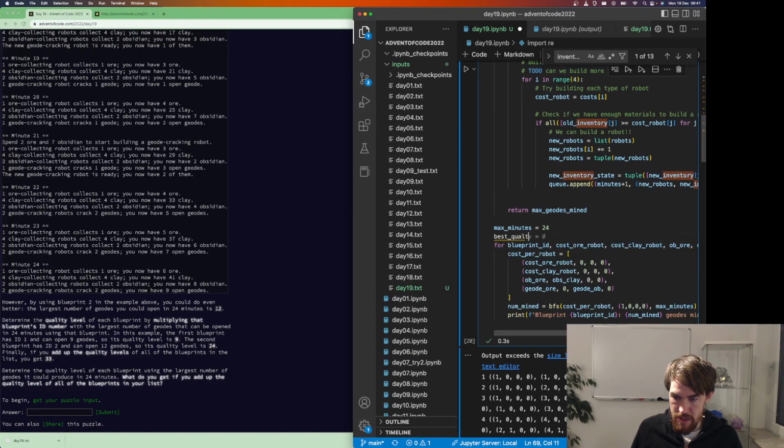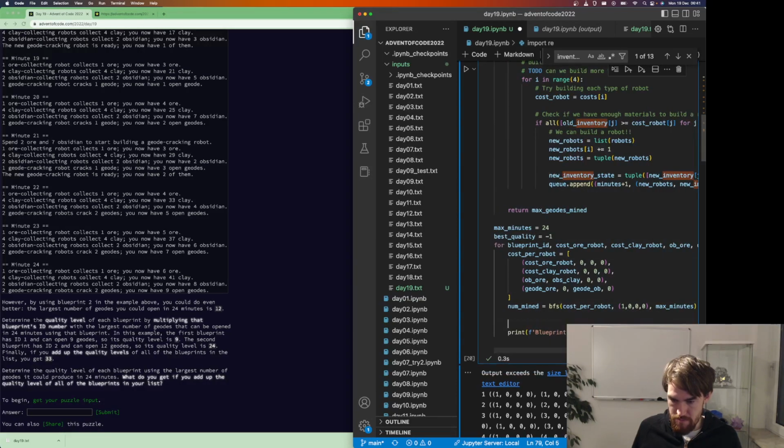Best quality minus 1. Best quality is the max between the number of geodes mined. Okay. The first blueprint has ID 1 times blueprint ID.